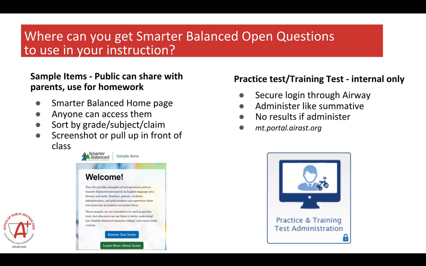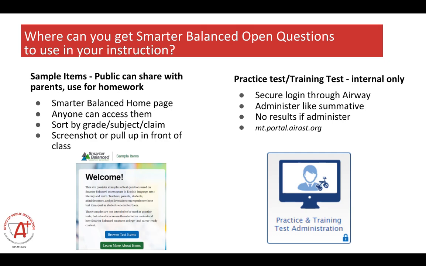But sending items home for homework, and sharing with community members and parents what these items look like, is very important, so that the parents know what these tests are like for their students. There are a couple of places where you can get more public-facing items that will help teachers communicate with parents. The best place is the Smarter Balanced homepage.